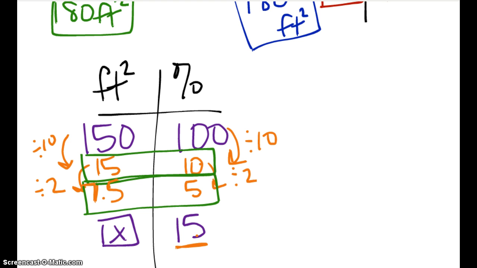So 10% and 5% is 15%, and then 15 square feet and 7 5/10 square feet is 22 and 5/10 square feet. That was just an example to show you how you can combine rows on a ratio table.